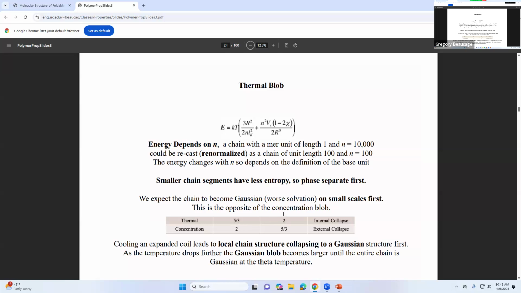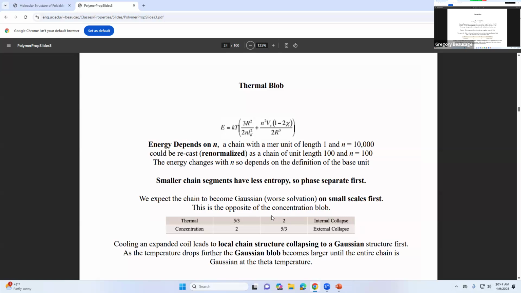And with a thermal blob at a small scale, it becomes Gaussian, because the molecular weight dependence of the energetics makes it want to collapse at small scales. It's similar to why the collapsed coil collapses first at small scale. First we get these beads forming, and then the beads form a walk, and finally the whole thing collapses, right? As you drop the temperature. It's the same thing here.